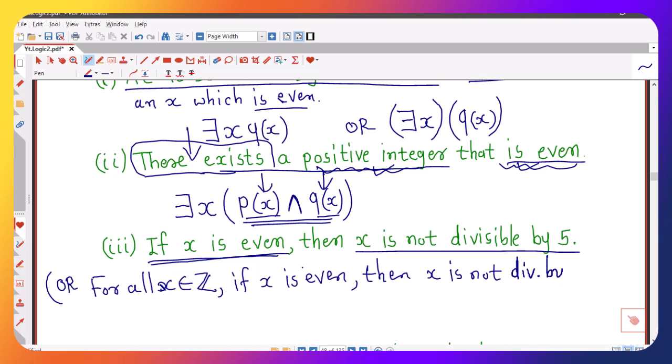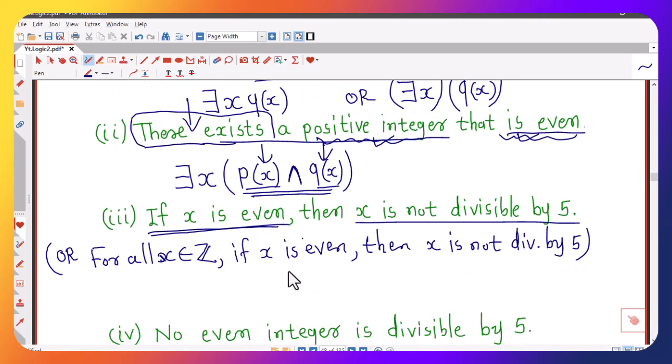Now this is true for every x in the set of integers. Therefore we will use the universal quantifier for all x. Here we write for all x, and we have a conditional statement: if x is even, then x is not divisible by 5.